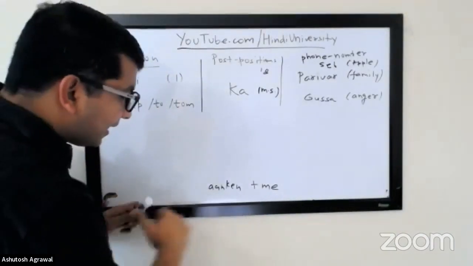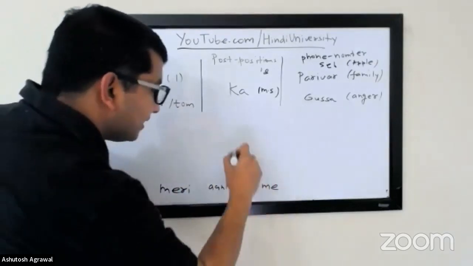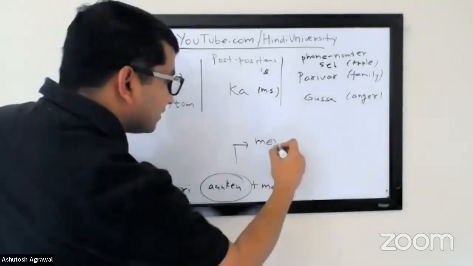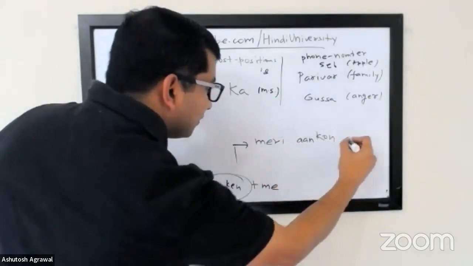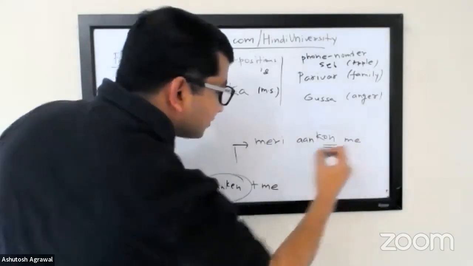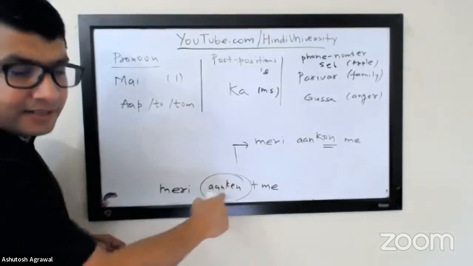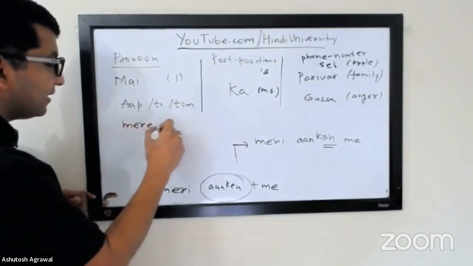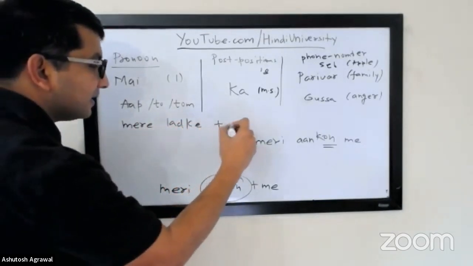So when you have मेरी आंखें plus में, this becomes an oblique case. So मेरी आंखों में. So this is the oblique case of आंखें, right? Just like मेरे लड़के is my boys, or my kids.